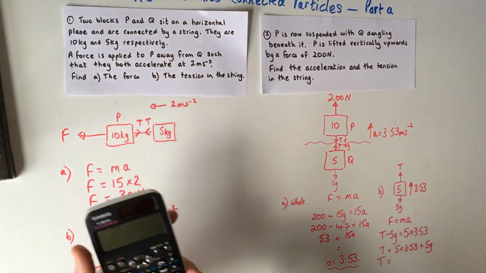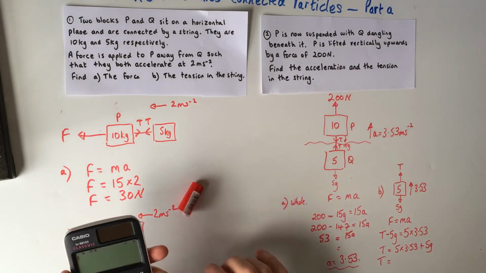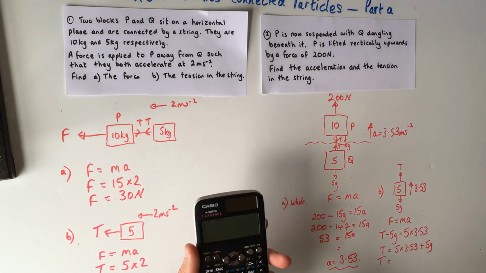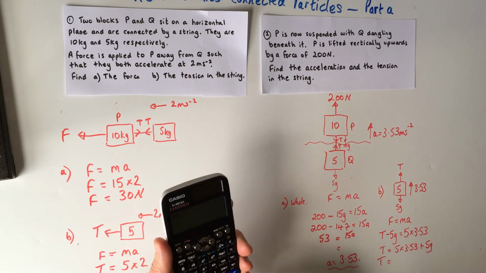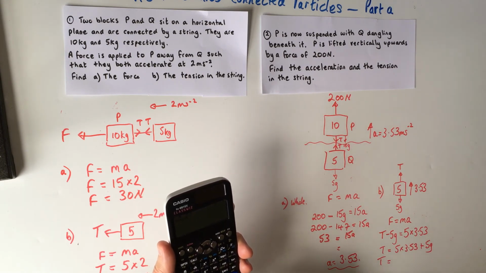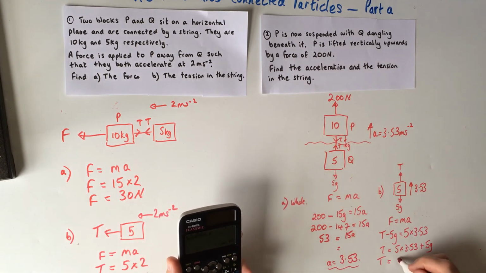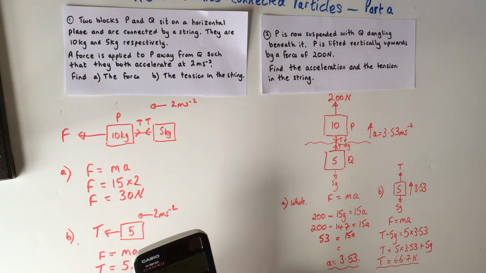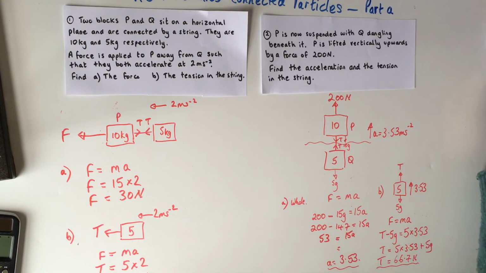So we've got 5 times 3.53 plus 5 times 9.8 is equal to, and that gives me a tension of 66 point something, and because I've rounded things off, I'm going to drop a decimal place to 66.7 newtons.